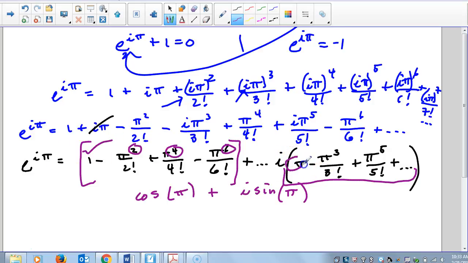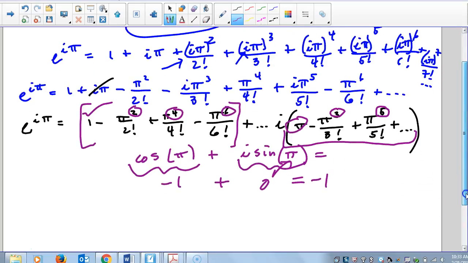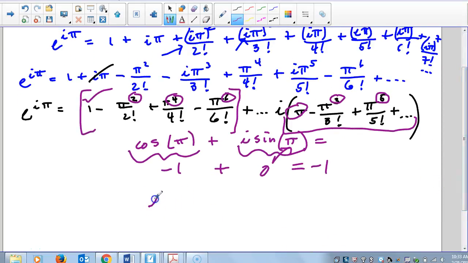You've got this one started with x, so instead of x I have pi, and then I've got odd powers. Odd powers is sine. Well, cosine of pi is -1. i sine pi, well, sine pi is 0. So I'm saying -1 plus 0 is -1, which is why e to the i pi is -1. Crazy. Which means the original question, e to the i pi plus 1 equals 0, works.